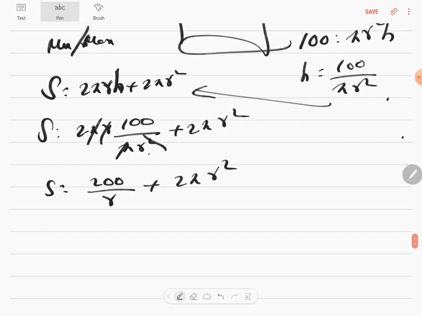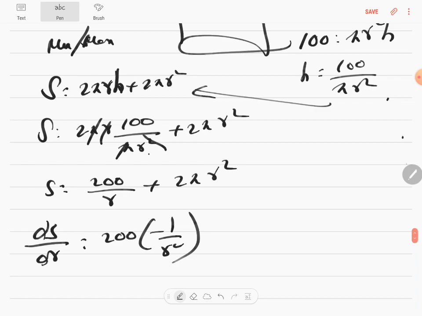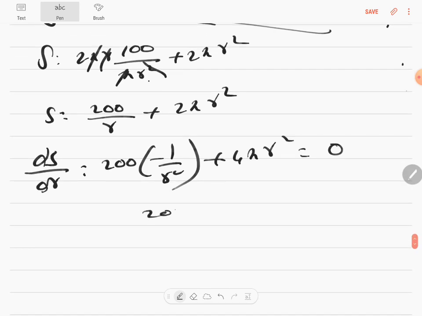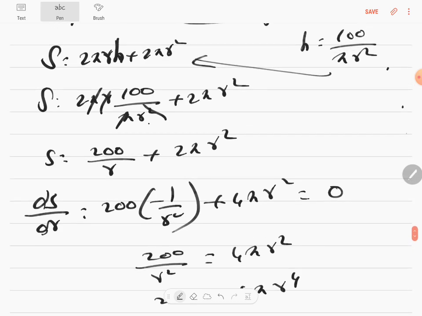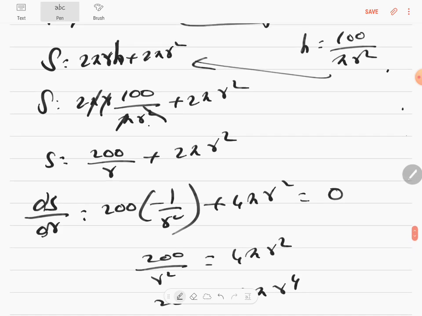Now I can differentiate: dS by dr is 200, a constant, times minus 1 by r square, since you know the differentiation of 1 by r, plus 4 pi r is equal to 0. So 200 by r square is equal to 4 pi r. The differentiation of 2 pi r square is 4 pi r.